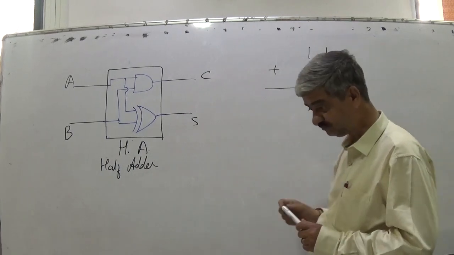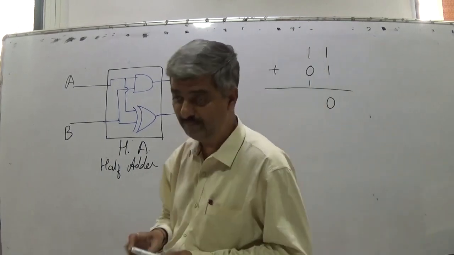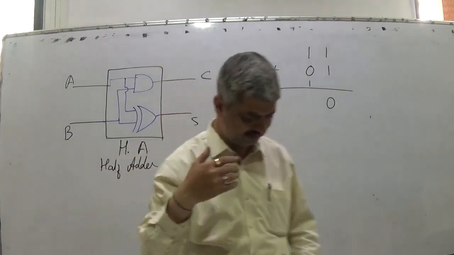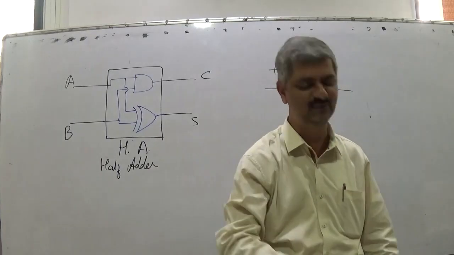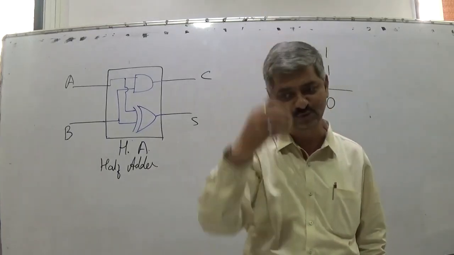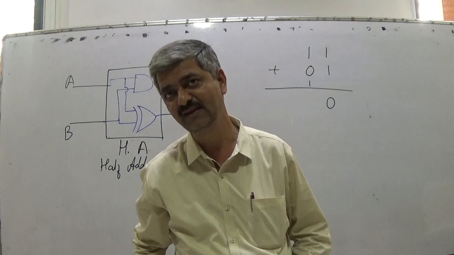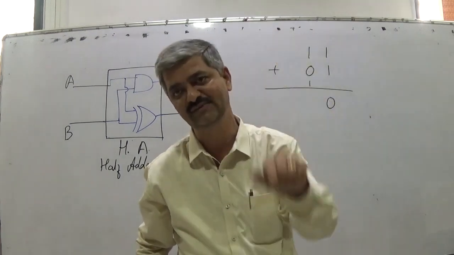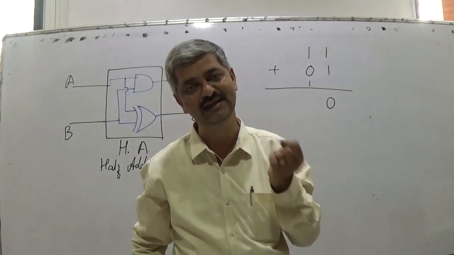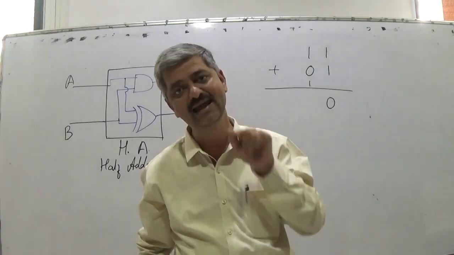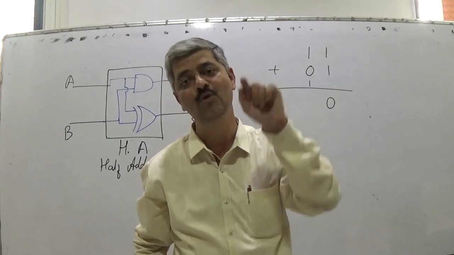Now, when we are adding two multiple-digit numbers in conventional addition, when you add the first, least significant digit, you add only 2 digits. And when carry is there, you have to take the carry and add it with the next digits of both numbers.